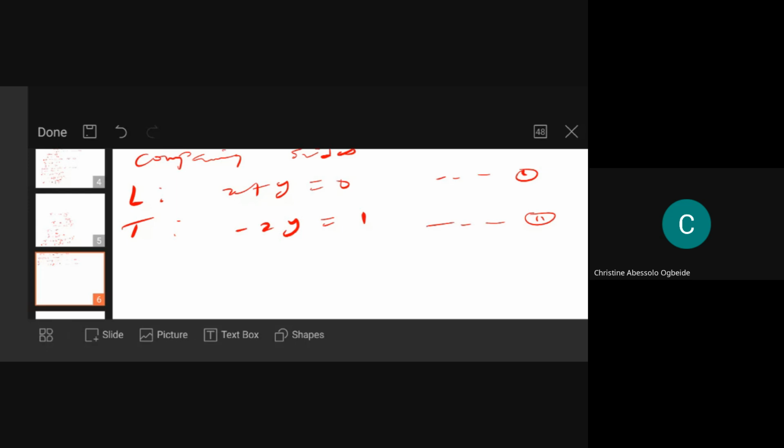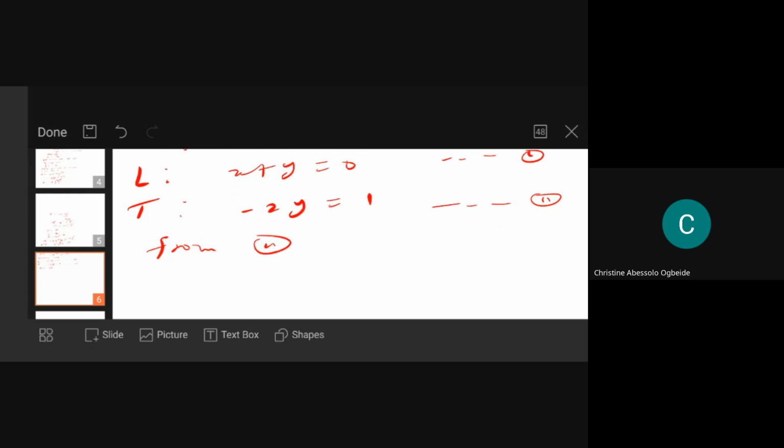And now from equation 2, we can find Y easily. So from equation 2, I have that Y is clearly equal to minus half. So I found what Y is.